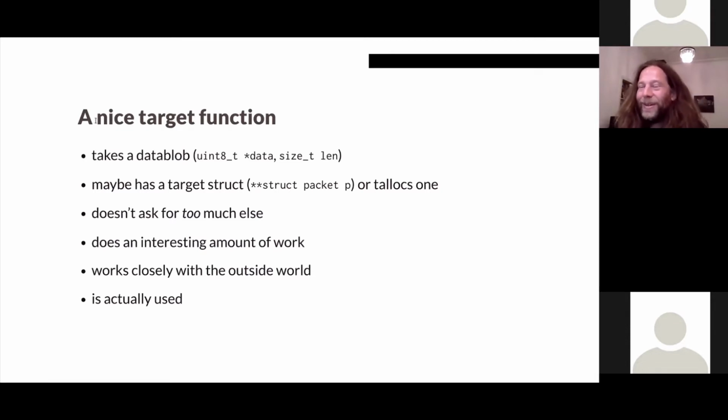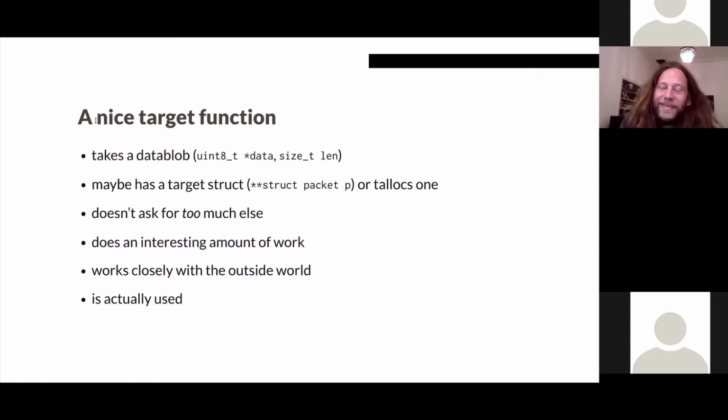That's kind of my theory. And if it works with the outside world, which is generally the case. I mean, if something's taking a uint8 pointer and a length, then Samba doesn't know much about what it's dealing with. It's come from somewhere that we're not understanding, unless it's decoding a key or something like that.